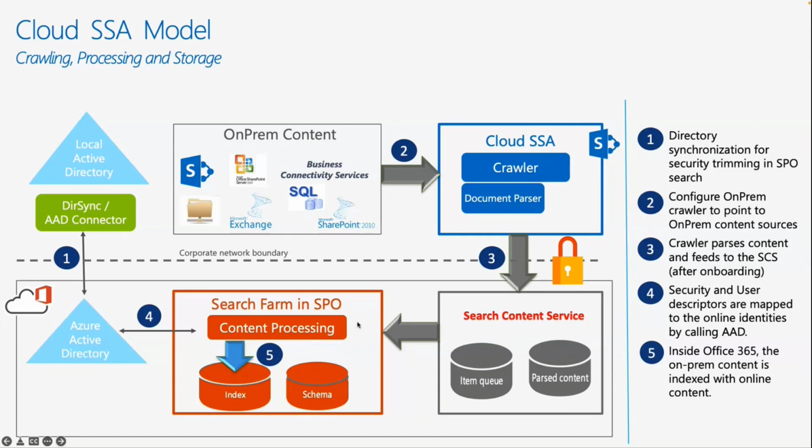Eventually the content goes and sits in the SharePoint Online farm, which is managed by Microsoft but owned by your tenant. So the data is all secure and within your tenant boundary, right? This is a high-level picture of what Cloud SSA provides you.